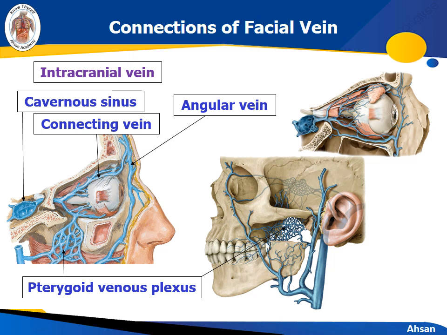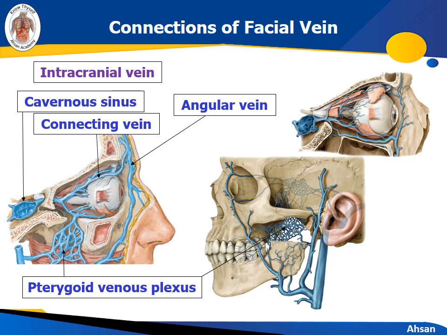So in all directions, the facial vein has multiple connecting veins to be connected with the cavernous sinus, which is situated at the central part of the cranial fossa and has connection with other sinuses.